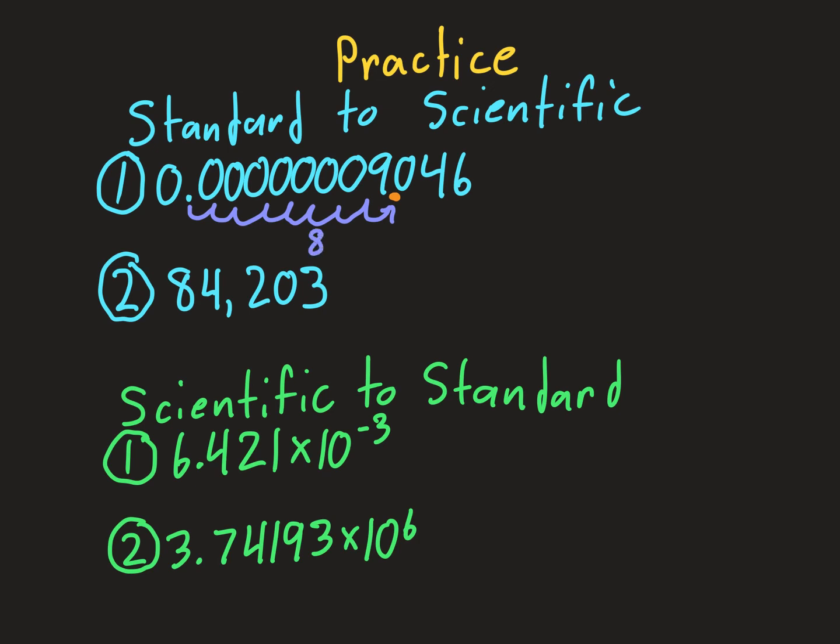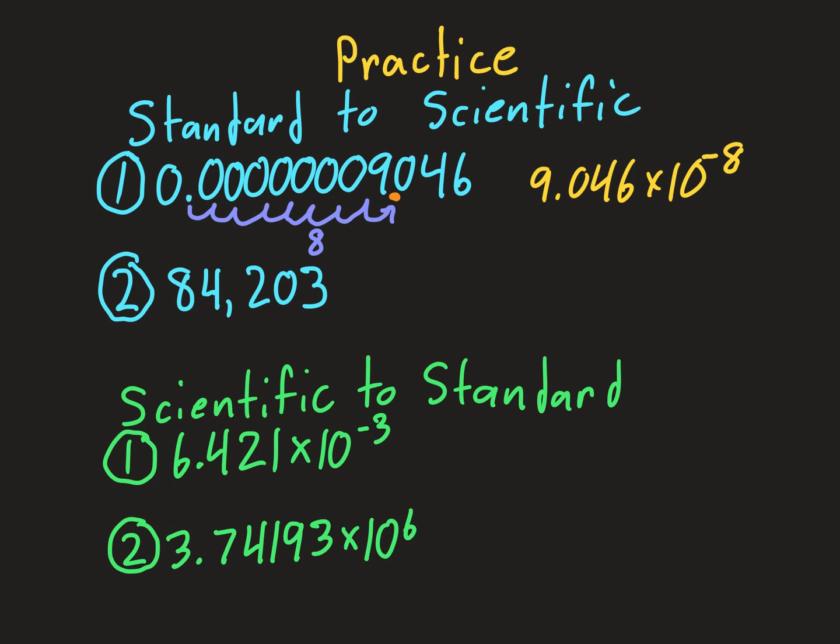So right now we have 9.046 times 10 to the 8th, and we need to decide if this exponent is positive or negative. Well, the number we started with is smaller than 9.046, so it's a negative exponent. We have to divide to get to that decimal.